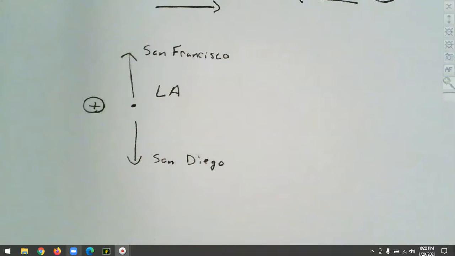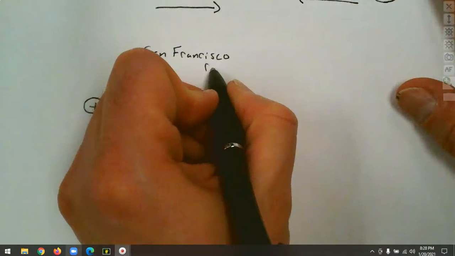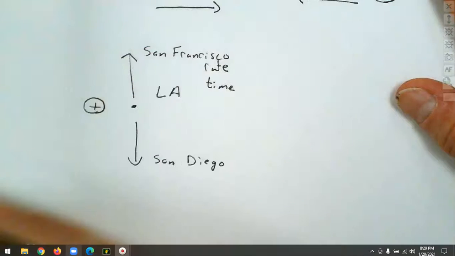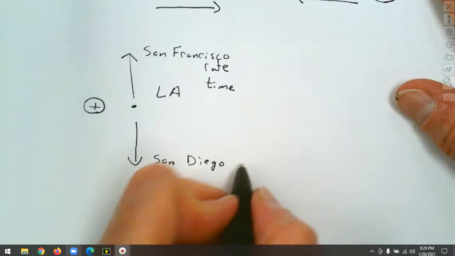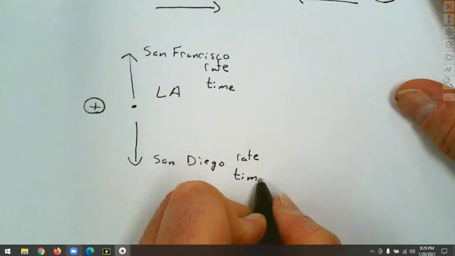Normally, for most problems, we have the rate and the time, and we have to find the distance. So for the San Francisco plane, we've got a rate and a time, and same thing with the San Diego plane, a rate and a time.